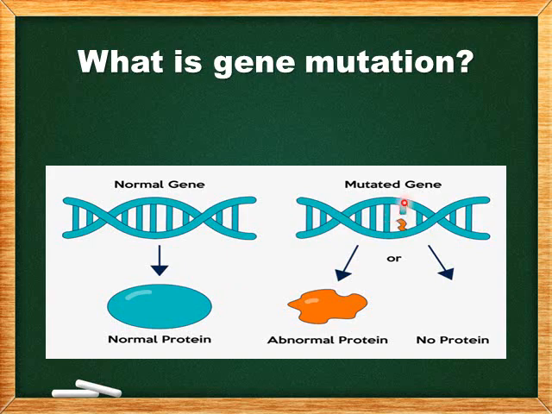So, this is a mutated gene or an abnormal gene, a gene that underwent certain mutation. An error takes place in its sequence of nucleotide. As a result, an abnormal protein is produced, or maybe no protein is produced. This is a reminder about a gene mutation.